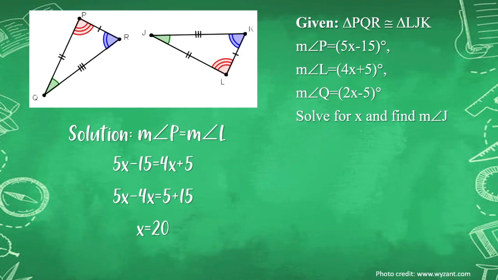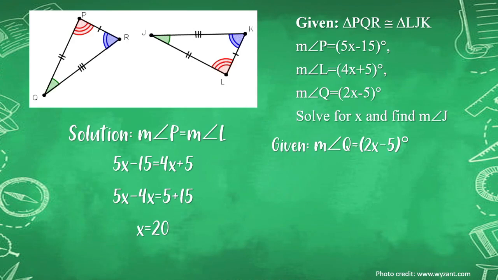After getting the value of x, we may now solve for the measure of angle J. But we notice that there is no given algebraic expression for angle J. So what we can do is to find the corresponding angle, which is angle Q, and use its algebraic expression 2x minus 5 since they are congruent.